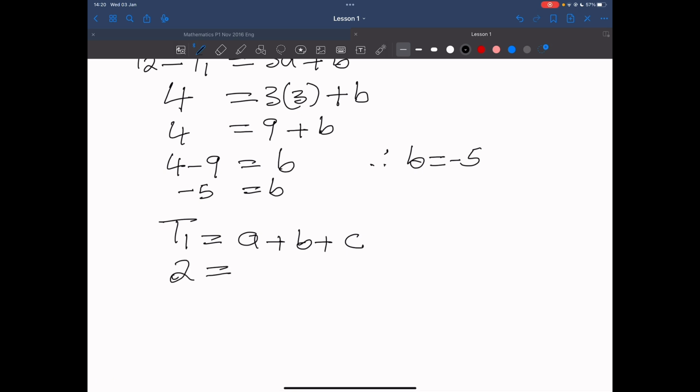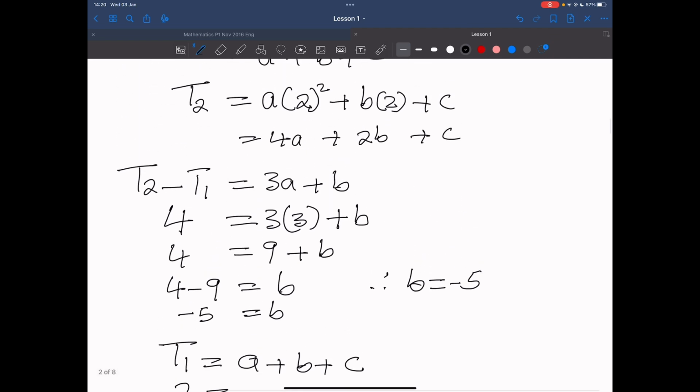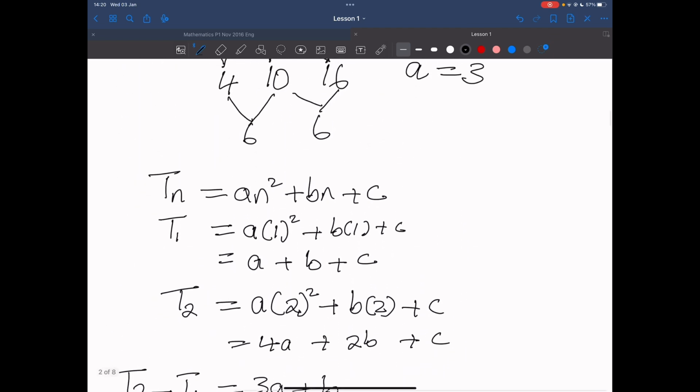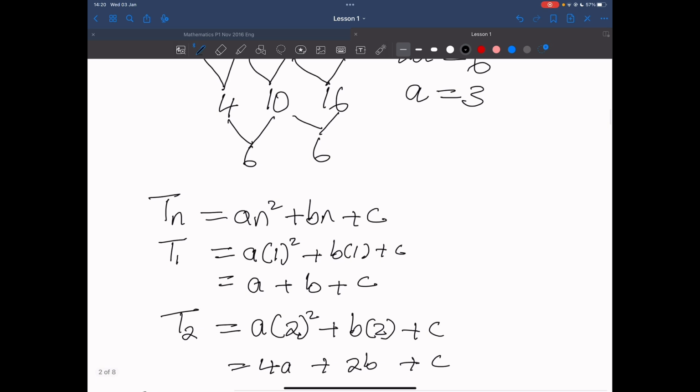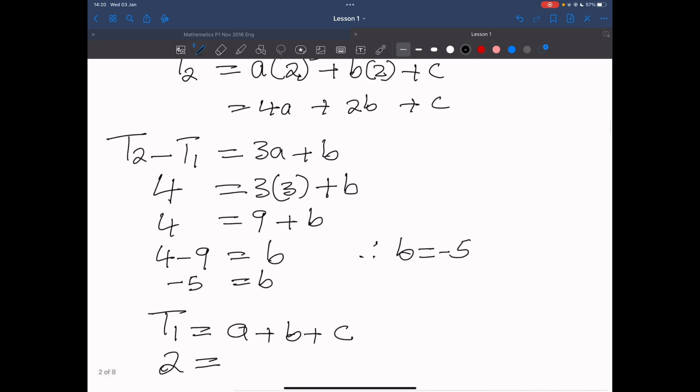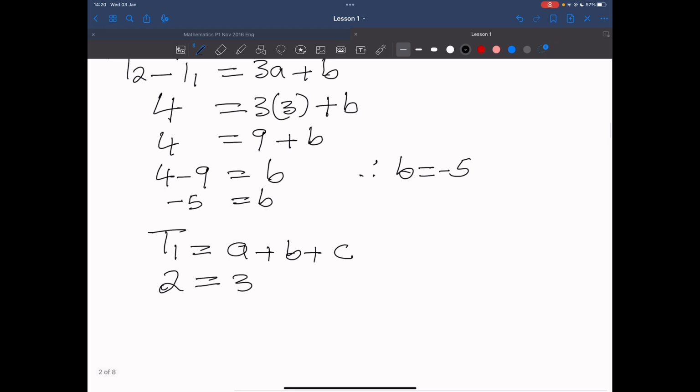And then a, we have calculated a. We said that the value of a is 3. And the value of b is just here. B we said is negative 5. So we have our negative 5.